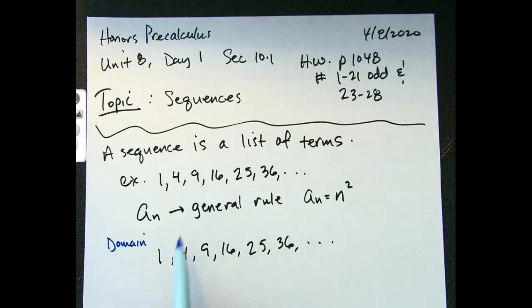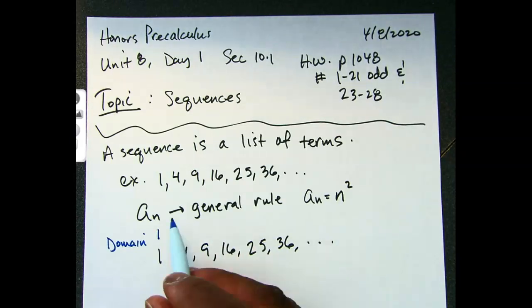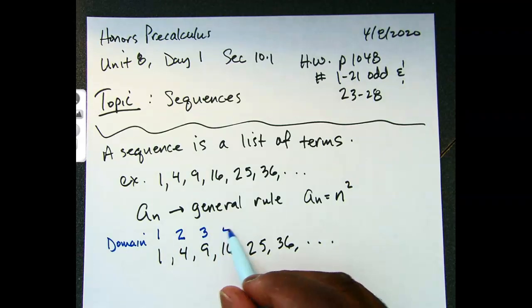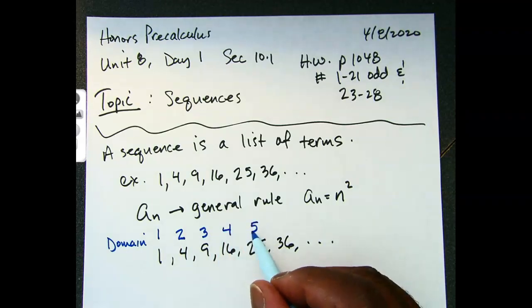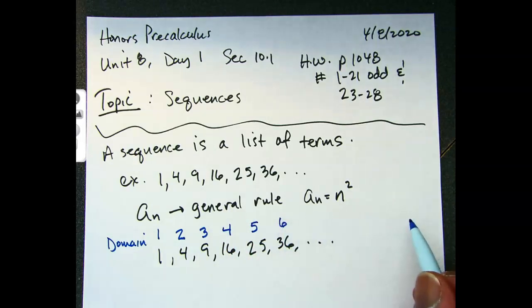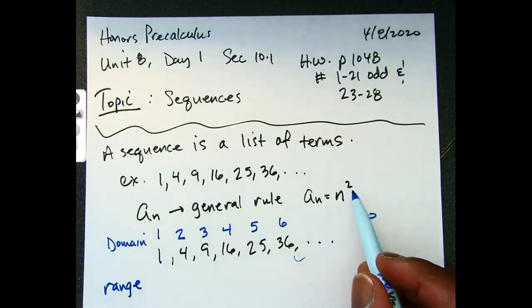It's the set of positive integers. So our first term is 1, our second term is 4, our third term is 9, fourth term is 16, fifth is 25, and our sixth term is 36, etc. All the way down, we're going to have an infinite number of terms. Our range are the actual values that we have here. So our rule is n squared.